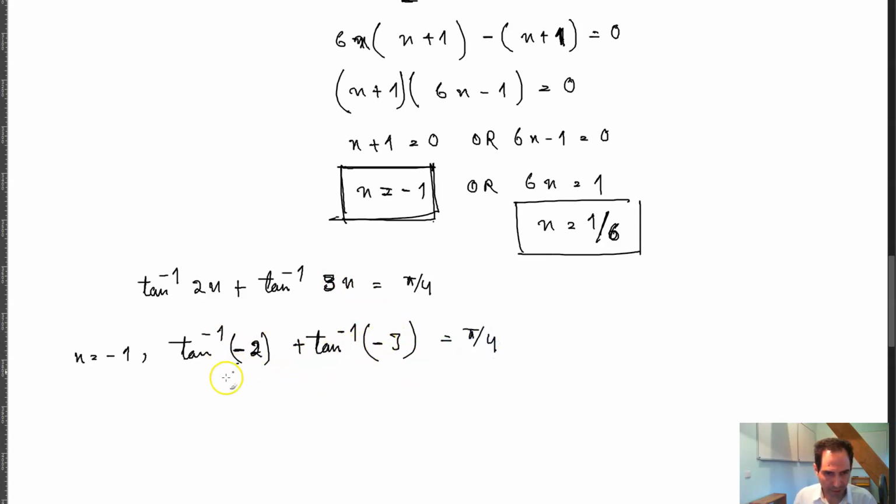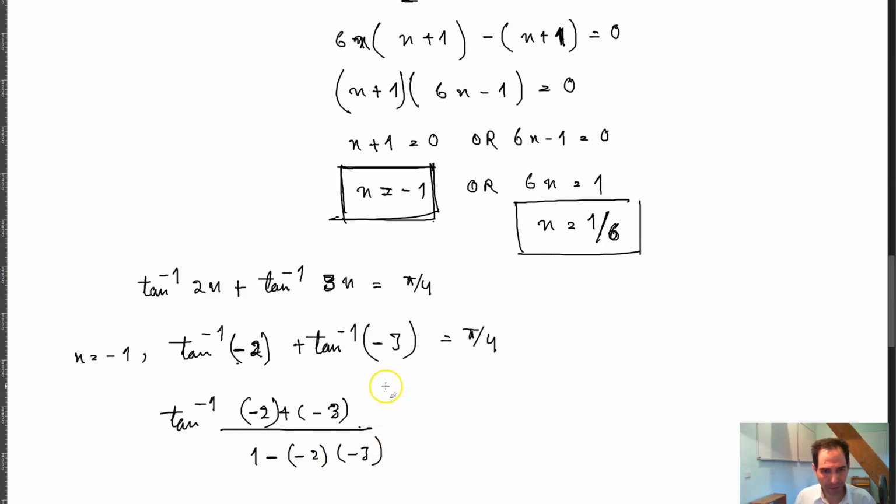And this I can write as the tan inverse of negative 2 plus negative 3 over 1 minus negative 2 times negative 3, and that is equal to pi by 4.